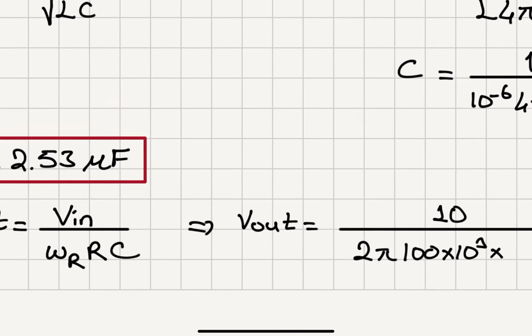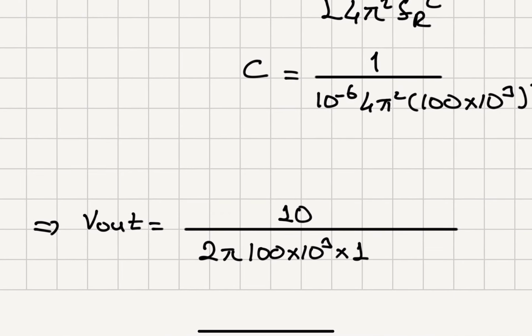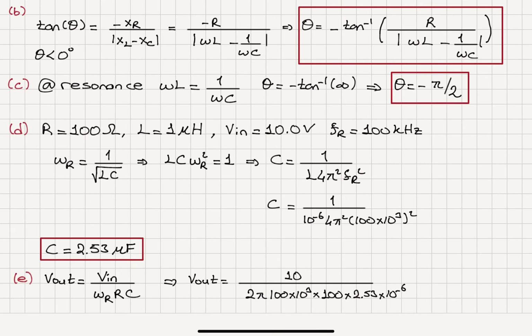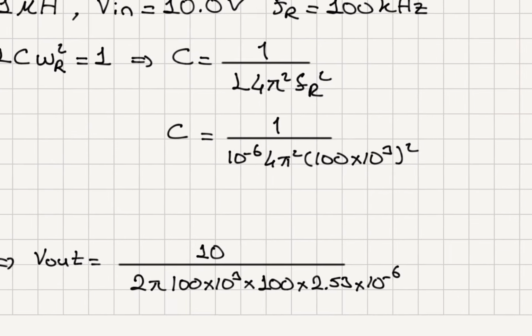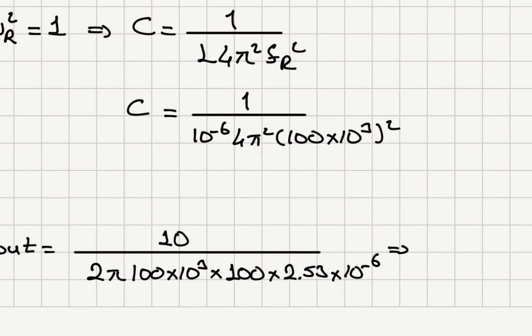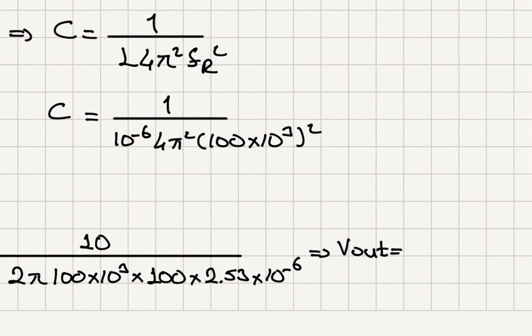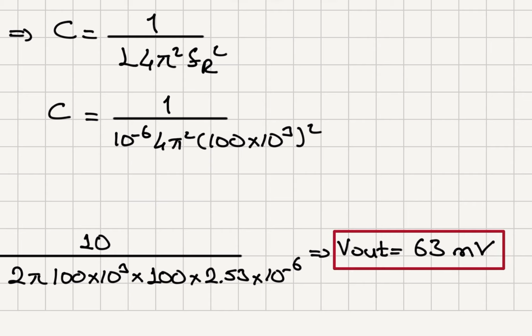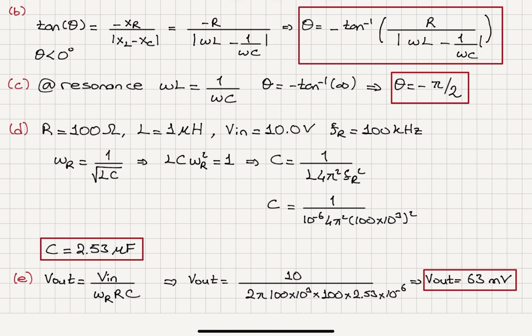And then I have resistance 100 ohms, 2.53 10 to minus 6 farads. So that's microfarads. And that gives me the final answer for the output voltage amplitude to be 63 millivolts. That's the answer to part E of the problem.